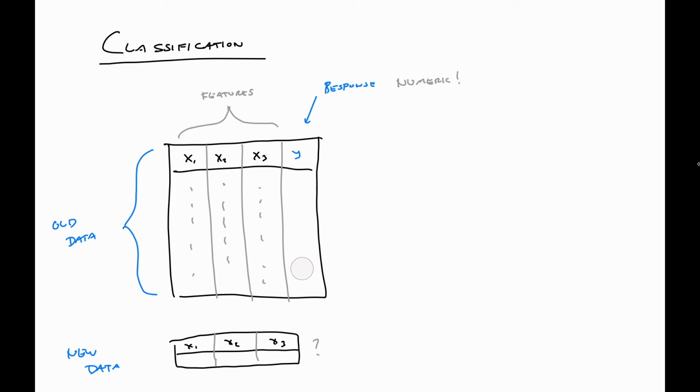So now instead of having numbers, a numeric response variable, we're going to have a categorical response variable. So instead of numbers, we'll have categories, which I'll represent by A's, B's, and C's. And now I need to change this to say the response is categorical.